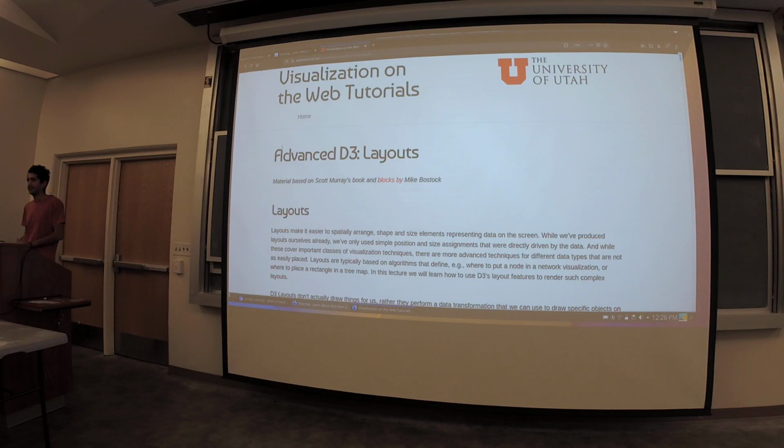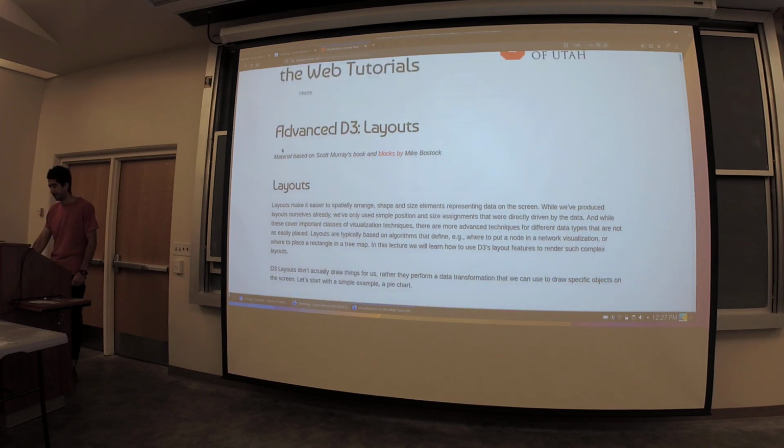So we already have seen simple examples of layouts in our homework, which are mostly driven by data. For example, remember we have the scatter plot, and we position the circles and the lines based on our data. So this itself is a simple form of layout. Or we also have done a tree layout. If you remember the homework, circles on the tree. So we had to create a layout for a tree, and then we wrote an algorithm that creates the layout of the tree, and then we render the data on the screen.